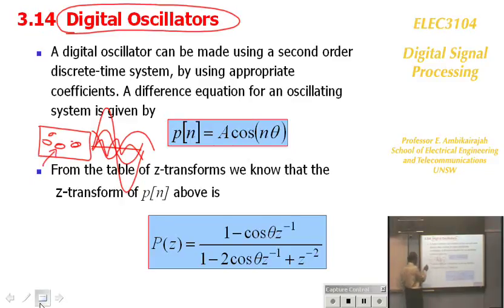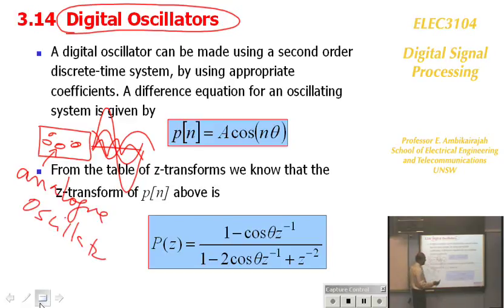These are all analog oscillators, designed using operational amplifiers, capacitors, inductors, and resistors combined, or only RC or LC or LR. Okay, you can have all these oscillators.